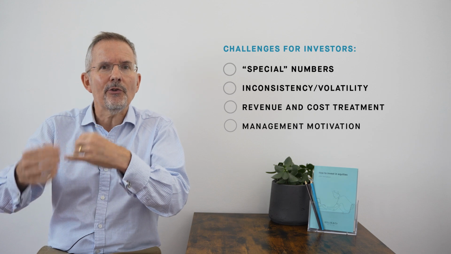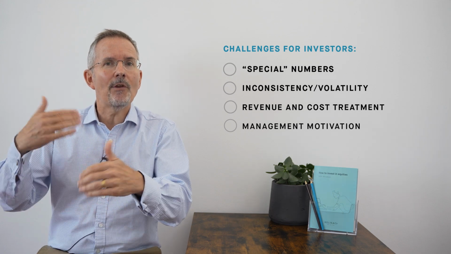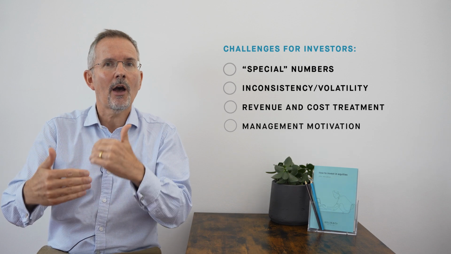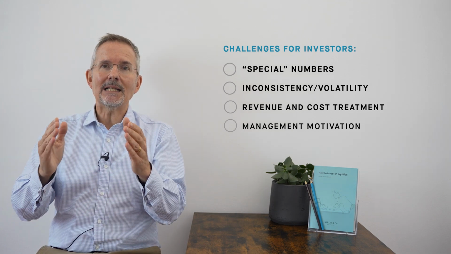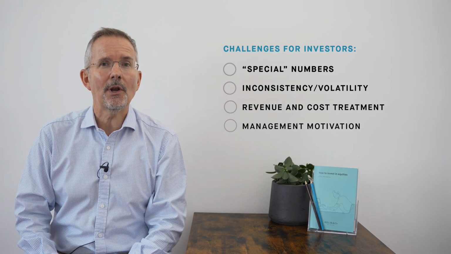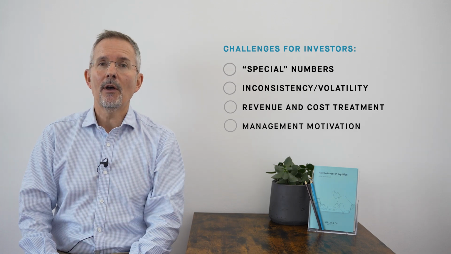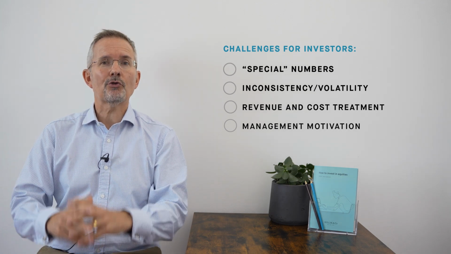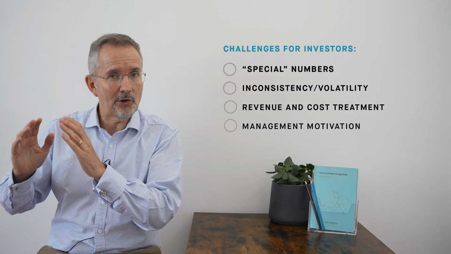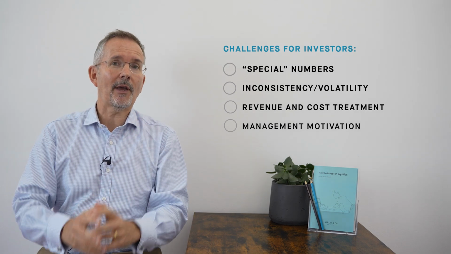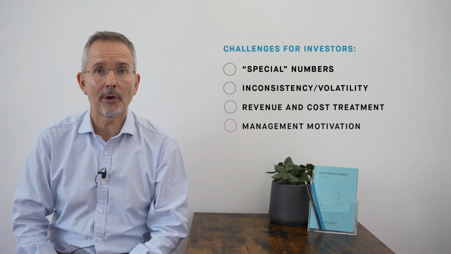Watch out for inconsistencies in the way that profits are presented, revenues and costs are matched up, and watch out, as I say, for management motivation. In other words, keep a cynical eye open for companies that try to persuade you to look at something which is not a legal or statutory profit number and look at something which they prefer you to focus on instead.